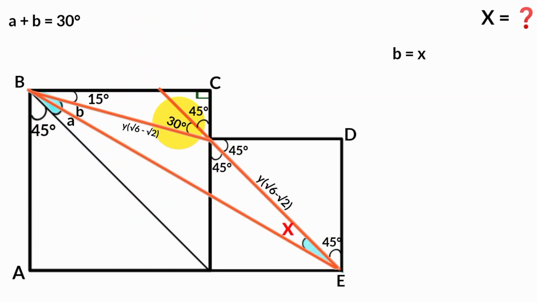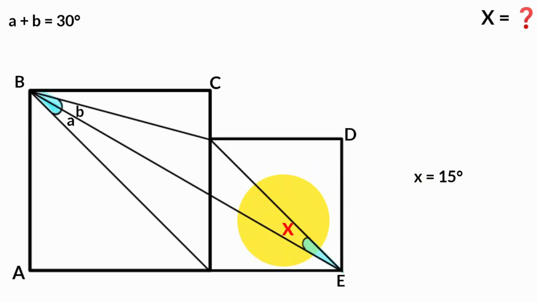That is, this 30 degrees angle is equal to the sum of this and this. So b plus x equals 30 degrees. But recall here b equals x. We substitute here. Now x plus x equals 30 degrees. x plus x is 2x. From 2x equals 30 degrees, x will be 30 degrees divided by 2, which is 15 degrees. So this angle x here, which we are asked to calculate, is 15 degrees.